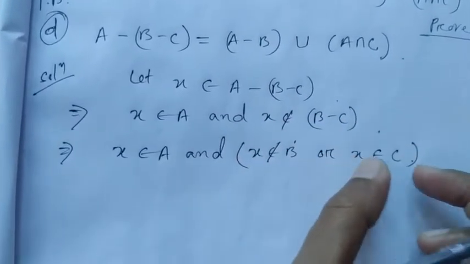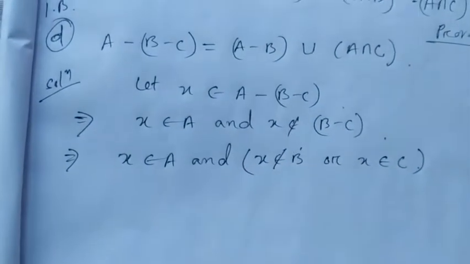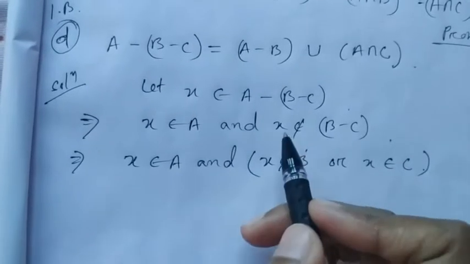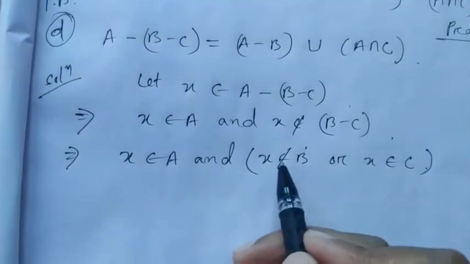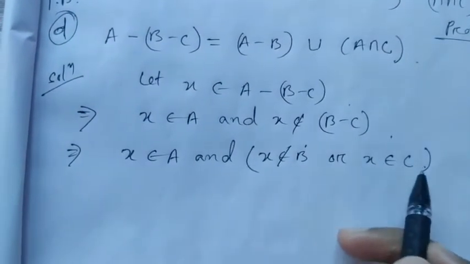But it may be in the set C. So that's why we can write that if x not belongs to B minus C, then x not belongs to B or x belongs to C.